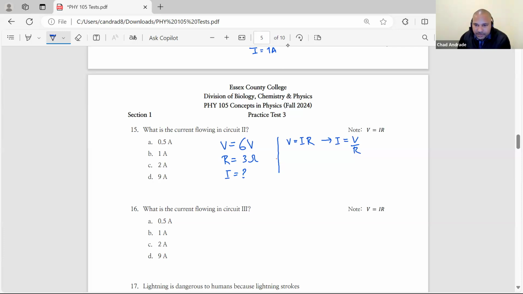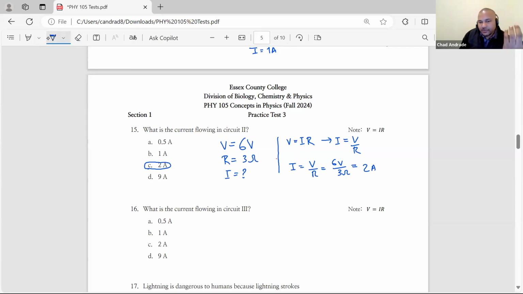So I equals V over R, which in this case is 6 volts divided by 3 ohms, and we're going to get 2 amperes. So the correct answer here is C.